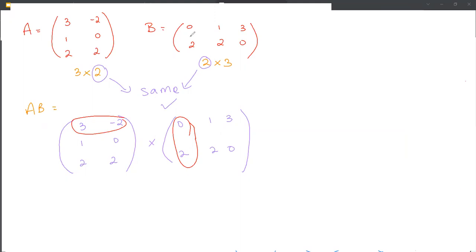Compatible means when I line up the size of each of these matrices, your inner numbers will be the same. Or in other words, the number of elements in the rows of your first matrix will be the same as the number of elements in the column of the second matrix.